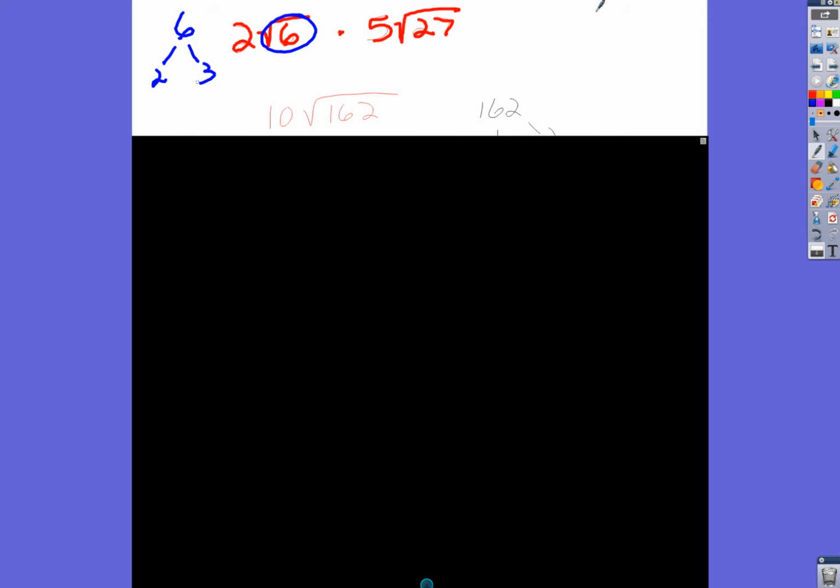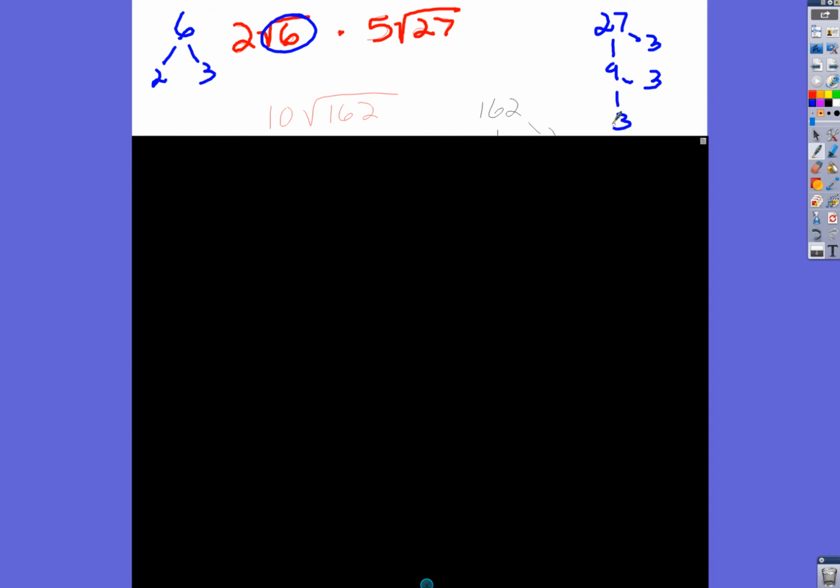If I were to do a tree with a 27, I don't want a 9 because 9 is not prime. I would get 3 3s. So in total, what prime numbers did I end up with? 1, 2, and 4 3s.